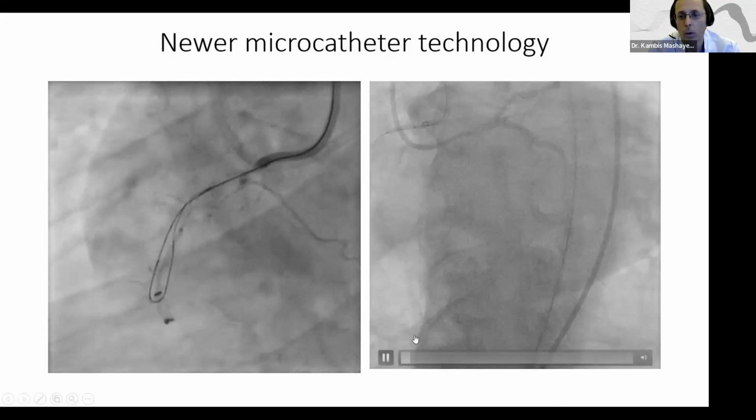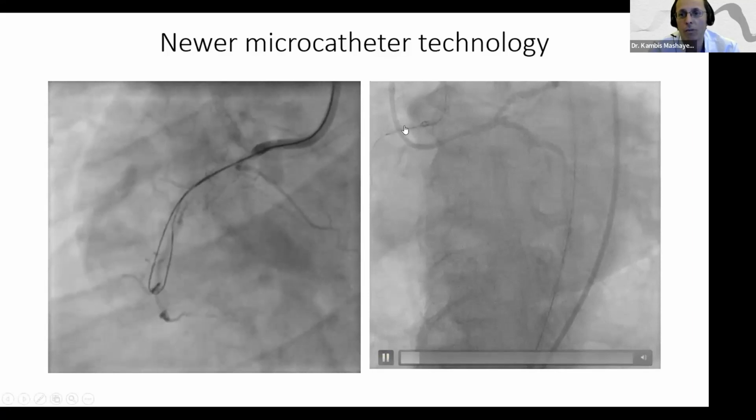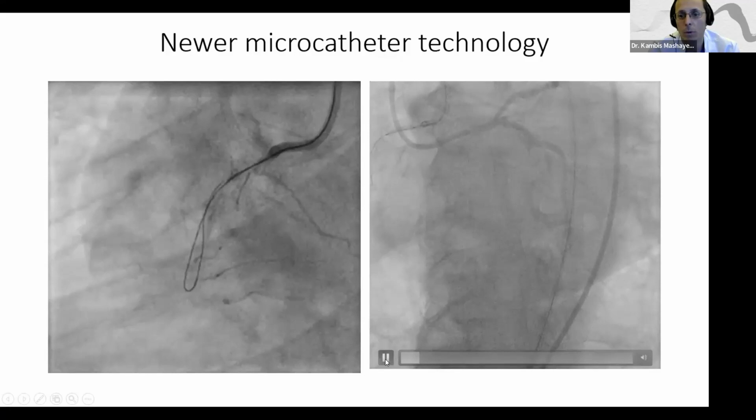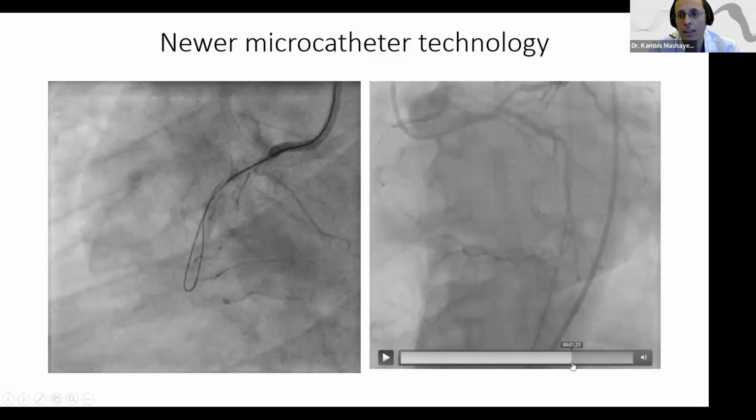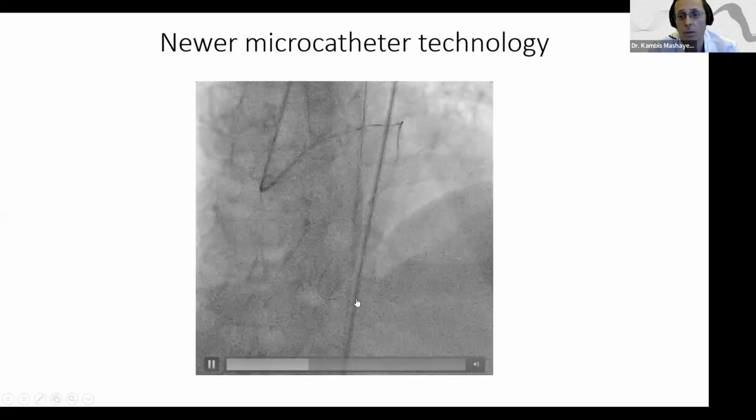I trap out the Corsair Pro XS, and here I'm already with a balloon. And this is very good because the balloon is already prepared here. And finally, you're already prepared for reverse CART at the entry of the CTO.